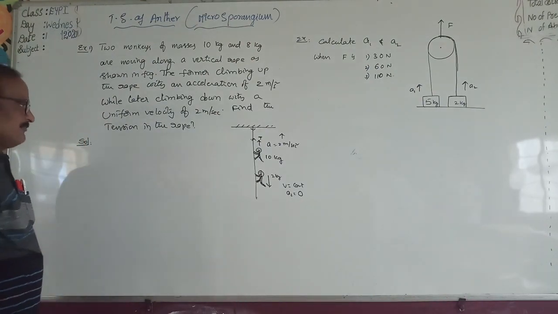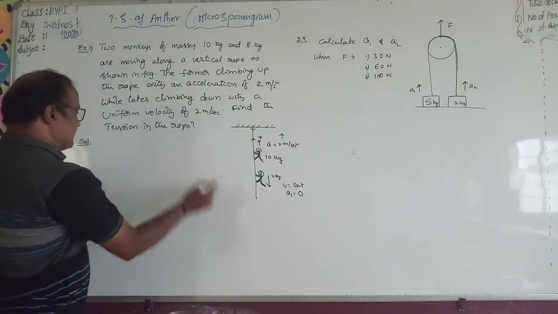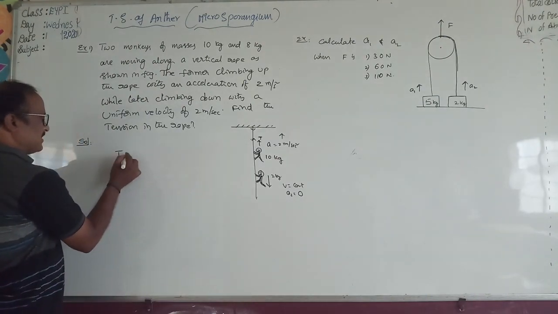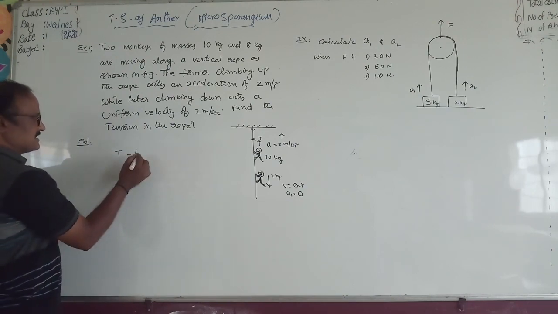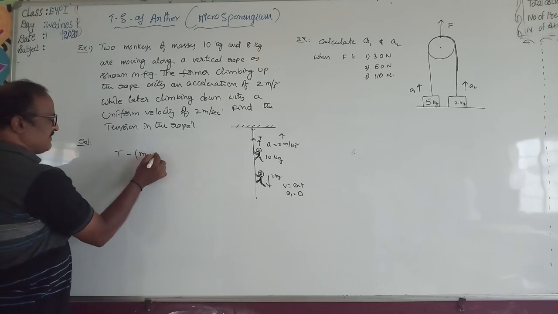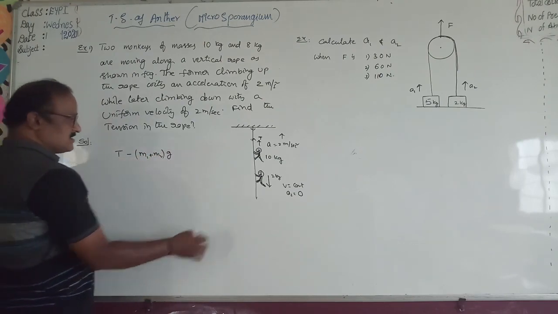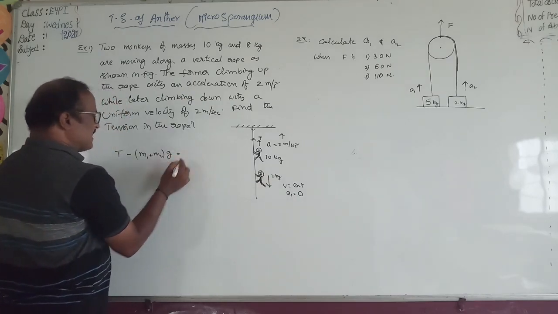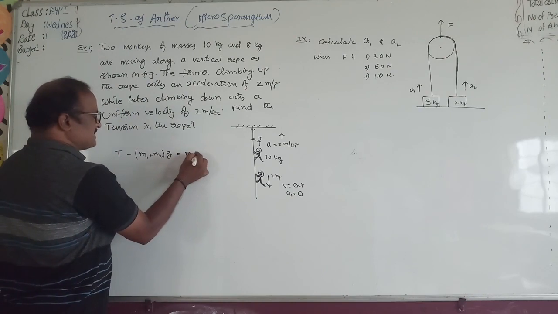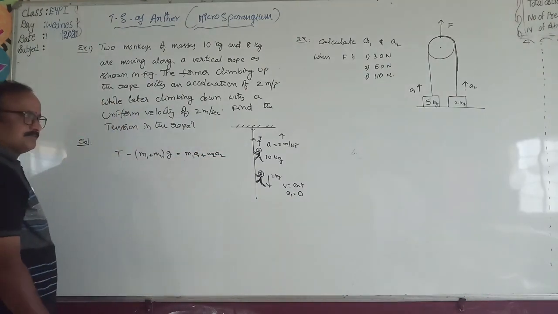Therefore, the net force is given by capital T acting upward minus the weights of both the monkeys, that is (m1 plus m2) into g, downwards. This should be equivalent to m1a1 plus m2a2.